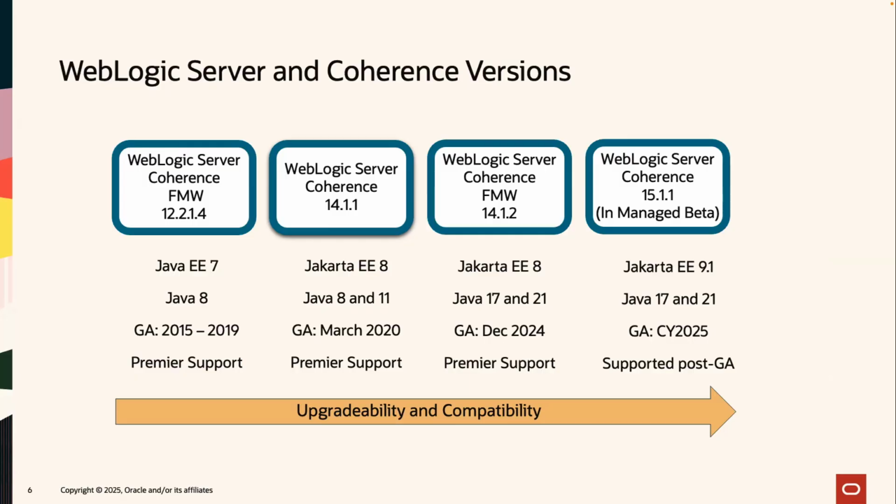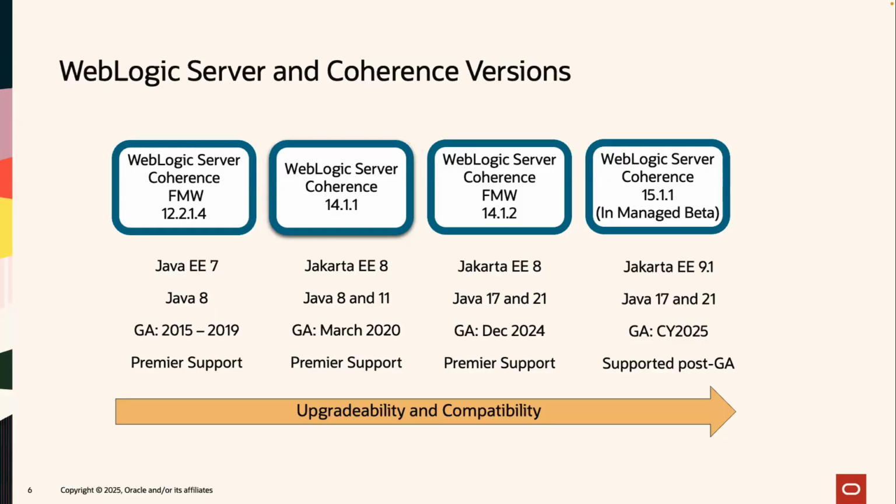Something that's new is we have just released in December WebLogic Server and Coherence and Fusion middleware 14.1.2. From a WebLogic standpoint, this release supports Jakarta EE 8, but we have added new Java support. We're supporting both Java 17 and 21 with the 14.1.2 release.